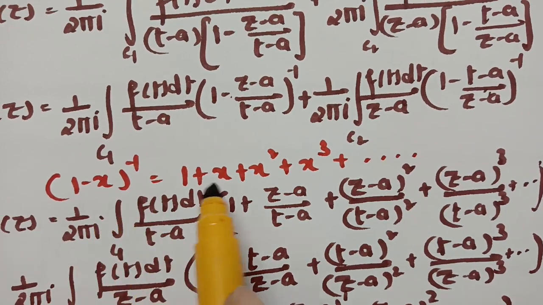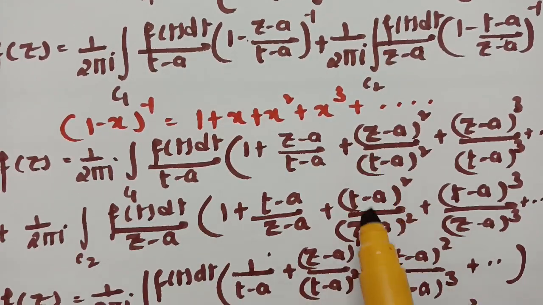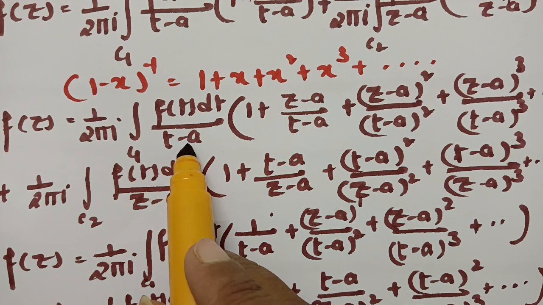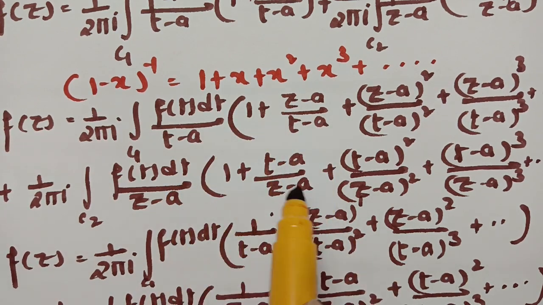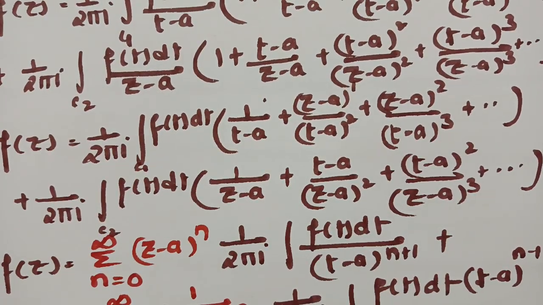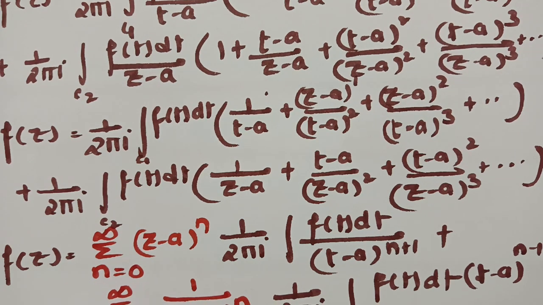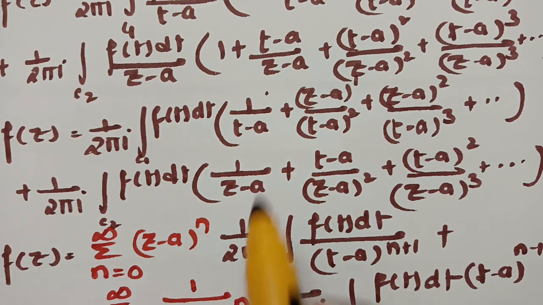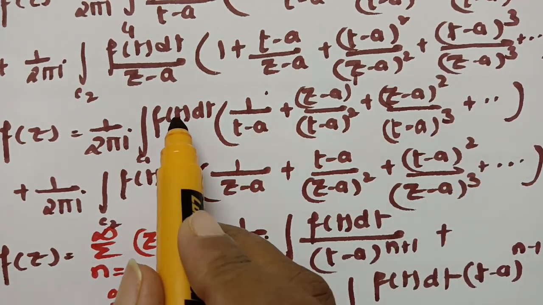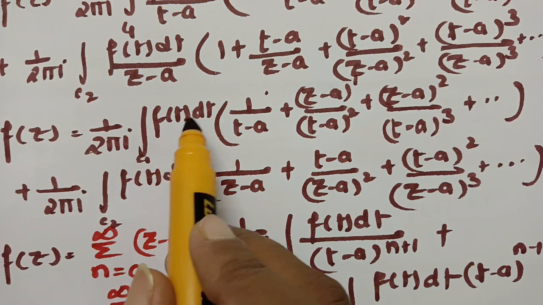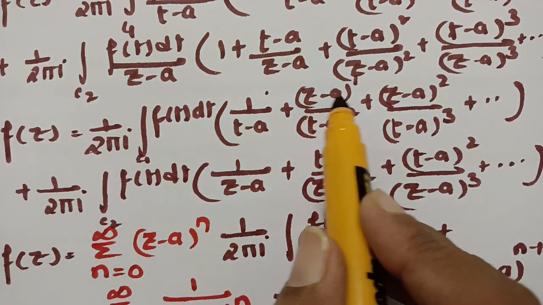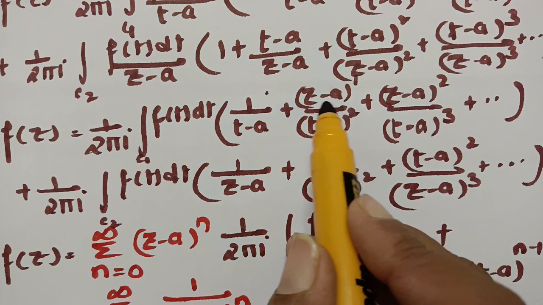According to the binomial expansion, this is the expansion. I have expanded both terms and have sent t minus a inside and z minus a inside in the next step. So this is very clear. This step can be written as the integration with respect to t, and there is no t term here, so it should be treated as a constant.